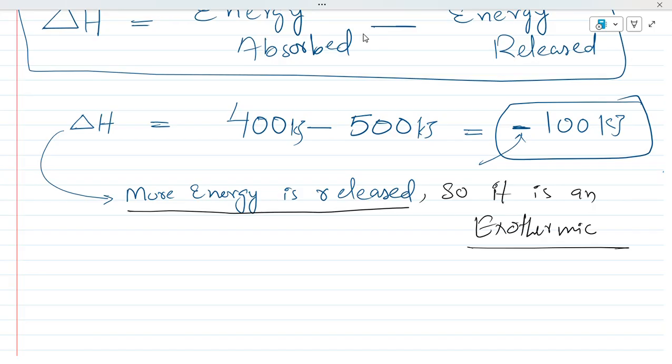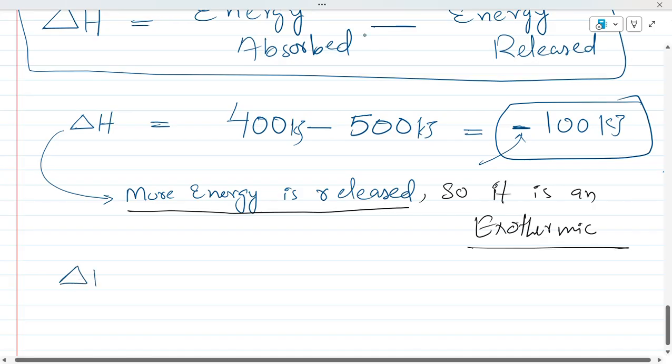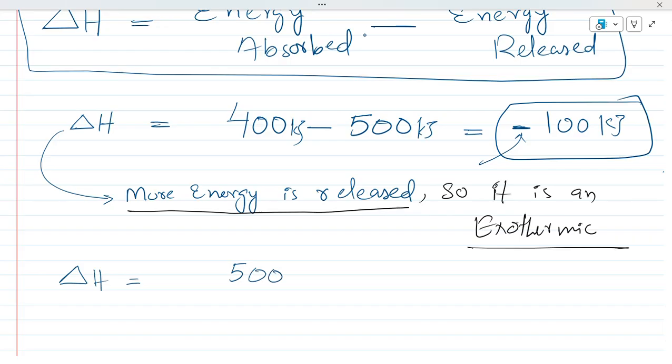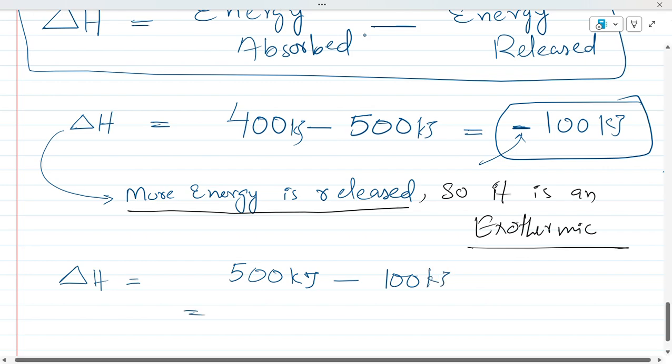The same is the case for the endothermic reaction. If we have a delta H in which the energy absorbed is 500 kilojoules and the energy released is 100 kilojoules, then delta H equals 500 minus 100, which is plus 400 kilojoules. The plus sign is mandatory to mention, and the minus as well.